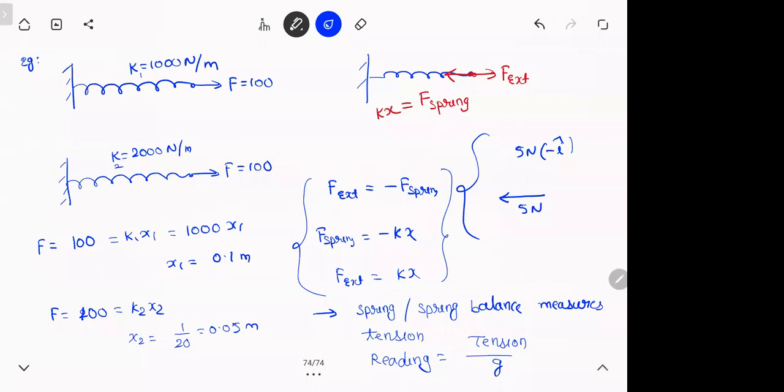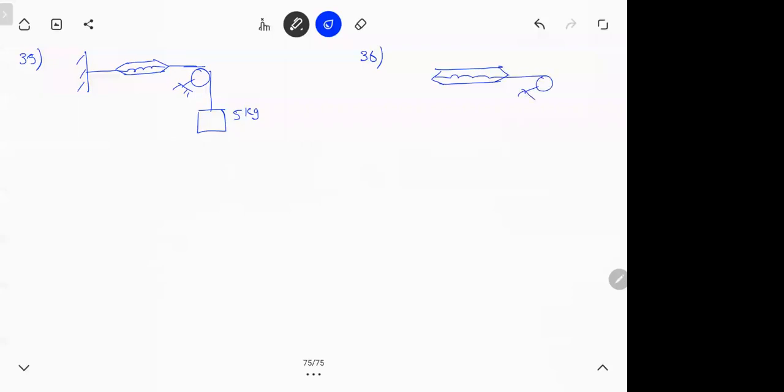So, turning the page, let's see some questions on this. So we got a spring balance, 5 kg. We have done something like this. 10 kg, 10 kg.